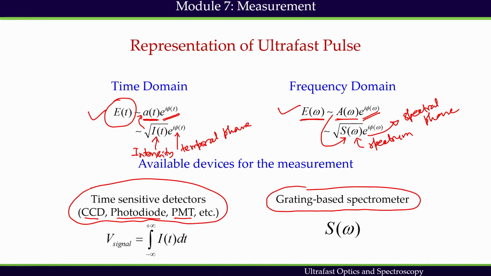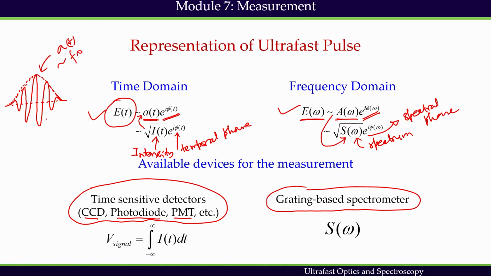So, if we look at a pulse, let us say a 10 femtosecond pulse or 100 femtosecond pulse, I have an envelope function. I am drawing here a transform limited pulse. If we think of the rise time and fall time of A(t), this is of the order of, let us say, femtosecond.